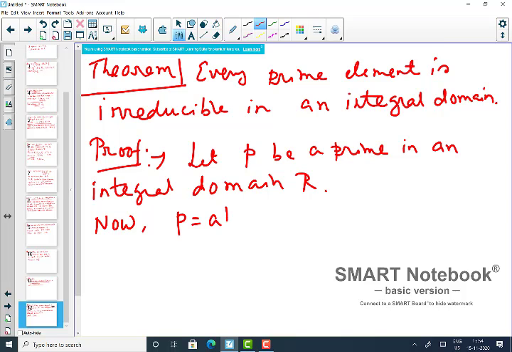What does that mean? I want to check whether P is irreducible or not, and to check that something is irreducible, I need to check that if it is a product of two elements, then one of them has to be a unit, right?